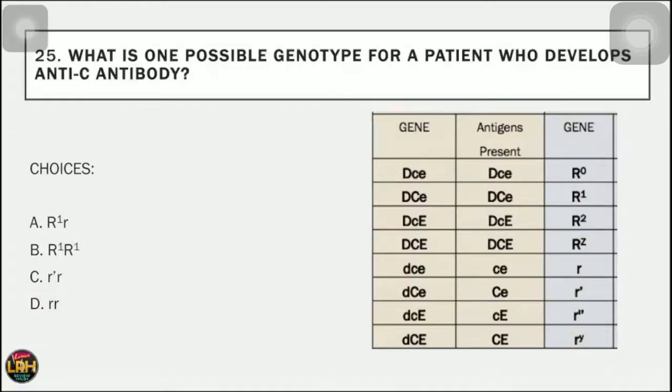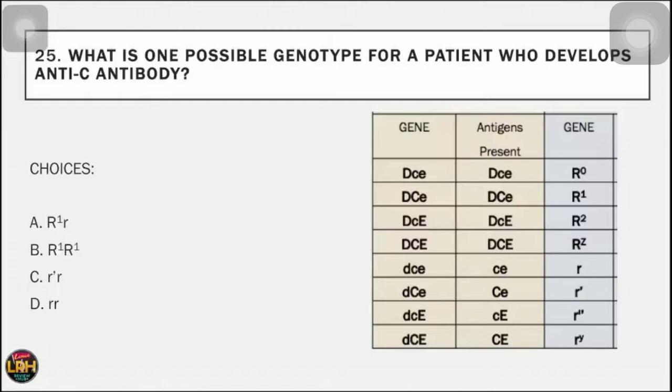Number 25, what is one possible genotype for a patient who develops anti-big C antibody? In this question, we want to look for the possible genotype combination or haplotype of the patient which does not code for the big C antigen.